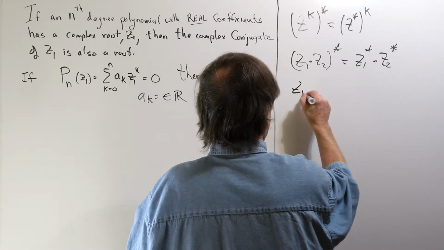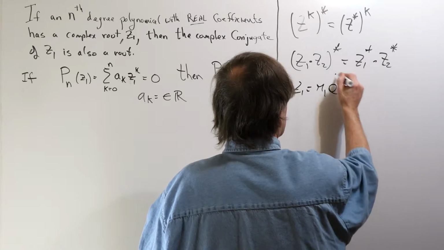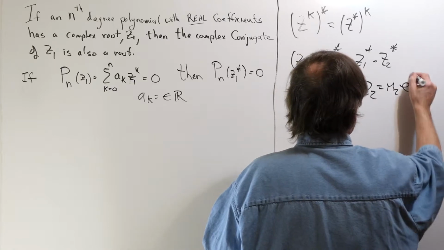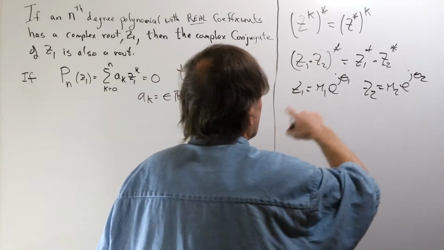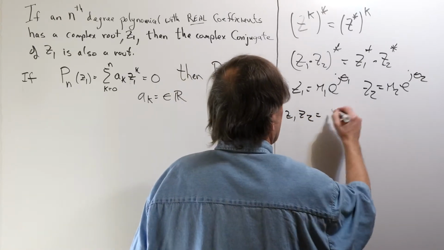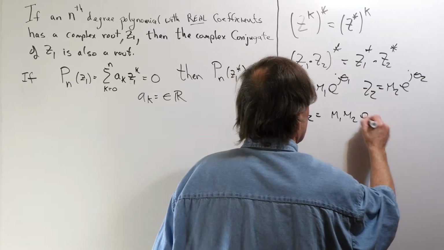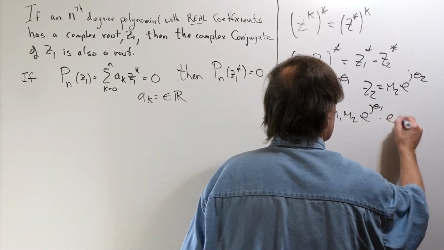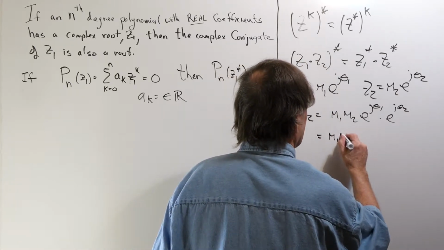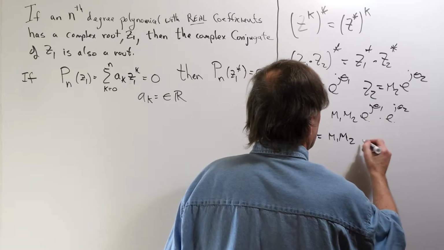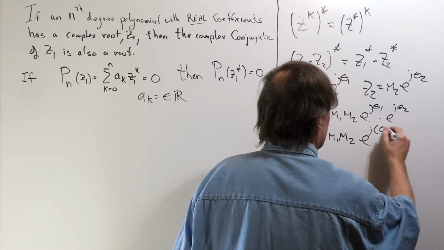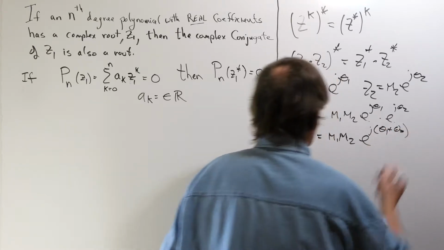So if z1 is m1 e to the j theta 1 and z2 is m2 e to the j theta 2, we can form the product. z1 z2 is m1 m2 e to the j theta 1 times e to the j theta 2. Using properties of exponents, we can combine the exponents on the base e, so it's j times theta 1 plus theta 2.